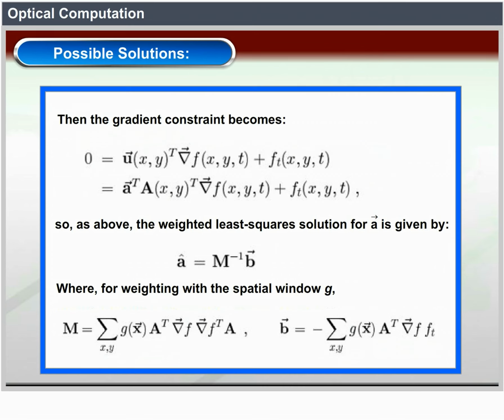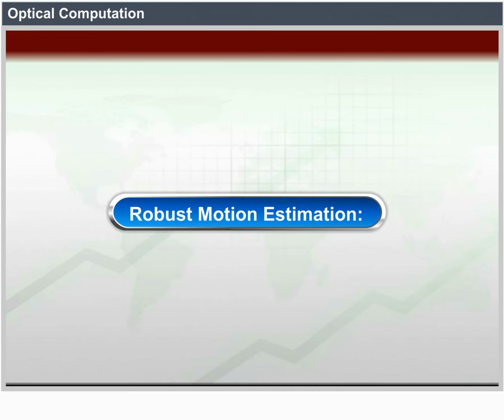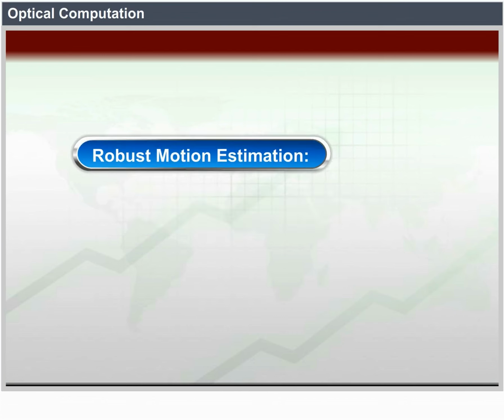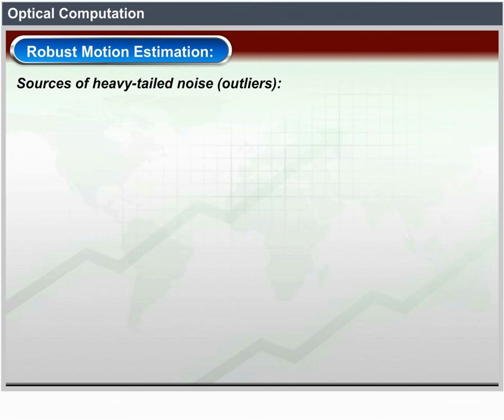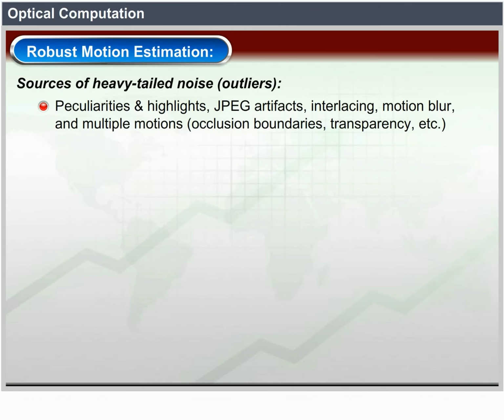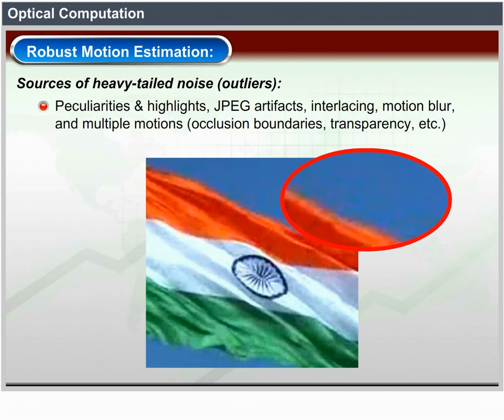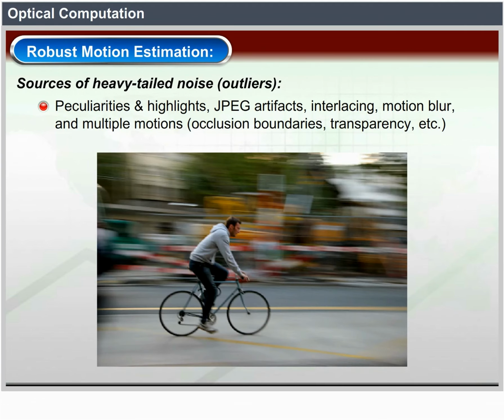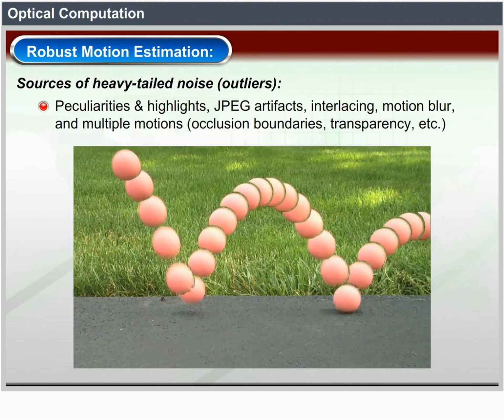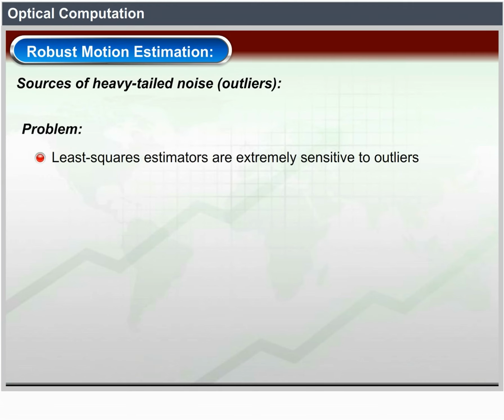Robust motion estimation. Sources of heavy-tailed noise, outliers: peculiarities and highlights, JPEG artifacts, interlacing, motion blur, and multiple motions, occlusion boundaries, transparency, etc. Problem: least squares estimators are extremely sensitive to outliers.